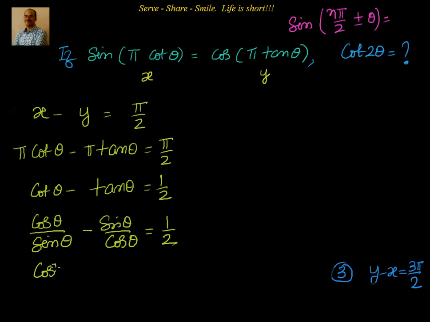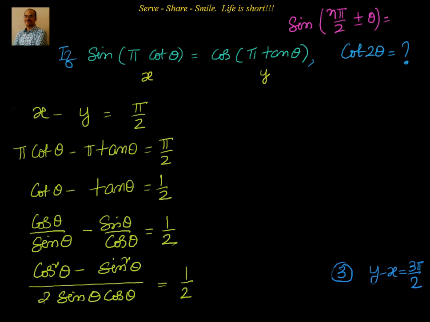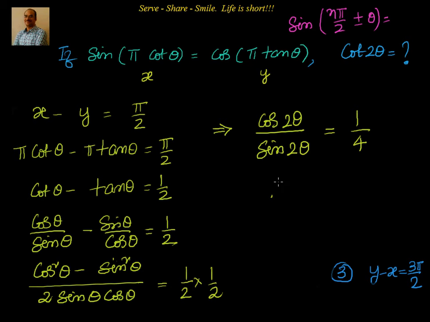It is nothing but cos square theta minus sine square theta divided by sine theta cos theta is equal to 1 by 2. Now can I multiply here with 2 and here also with 2, so that I can write down cos square theta minus sine square theta is cos 2 theta divided by 2 sine theta cos theta is sine 2 theta, which is nothing but equal to 1 by 4.